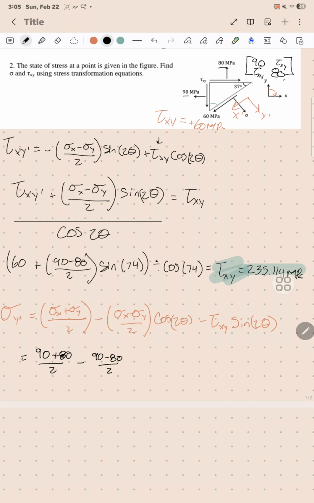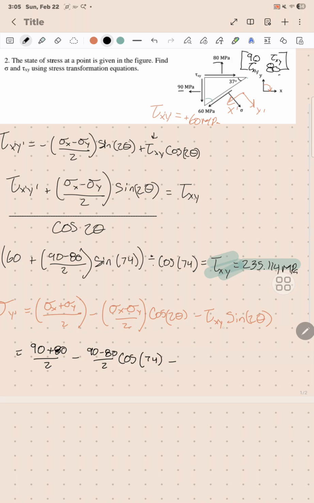So that's going to be 85 and 5. Cosine of 74 minus, and tau xy we actually found earlier, so it's going to be that 235.114 times sine of 74. Make sure your calculator is in degrees.